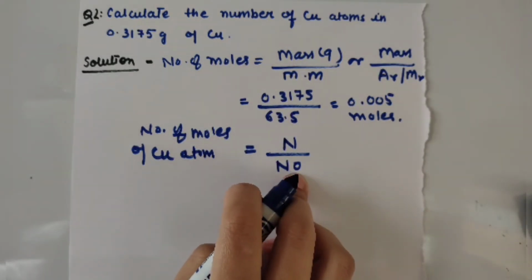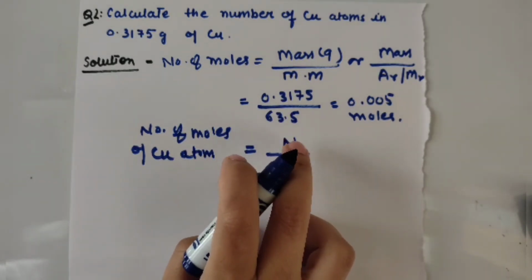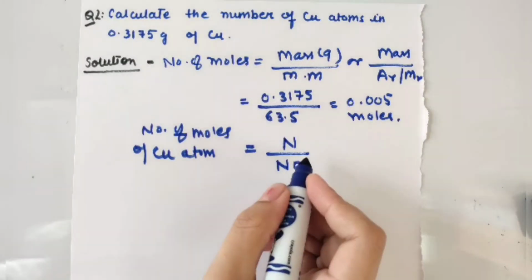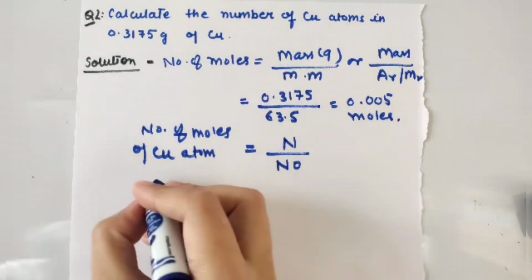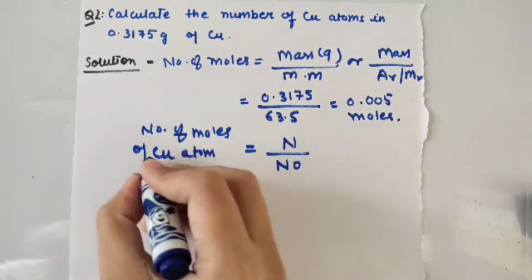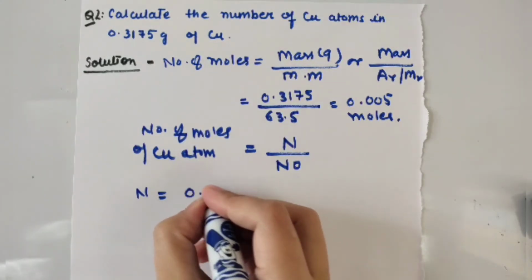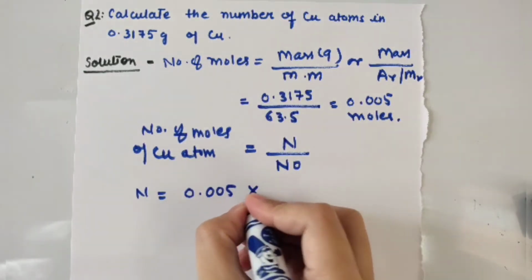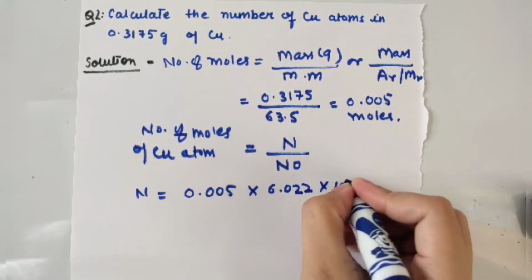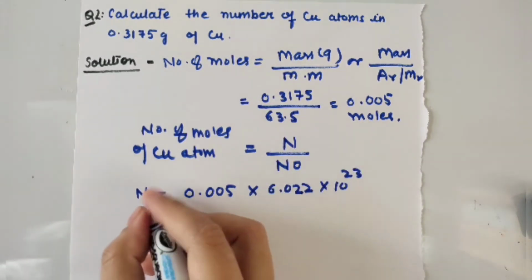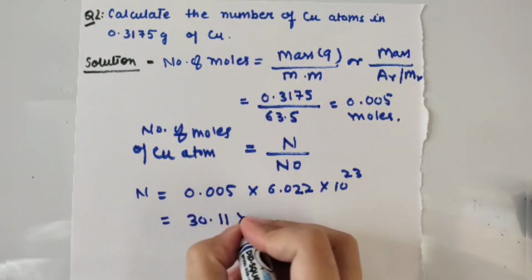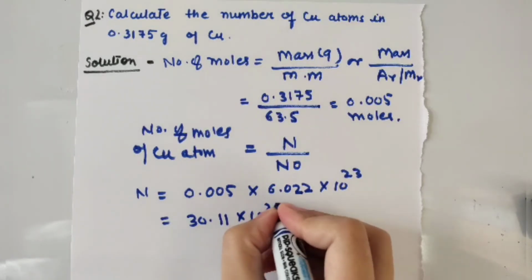N0 is the Avogadro number and N is the number of particles. So for identifying N, we can write 0.005 into the Avogadro number, 6.022 into 10 to the power 23. It comes out to be 30.11 into 10 to the power 20.